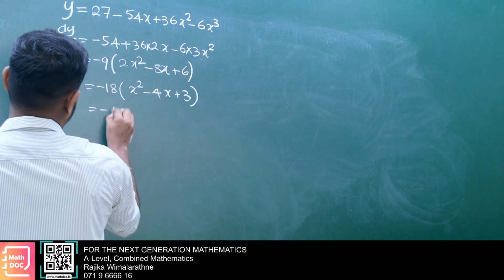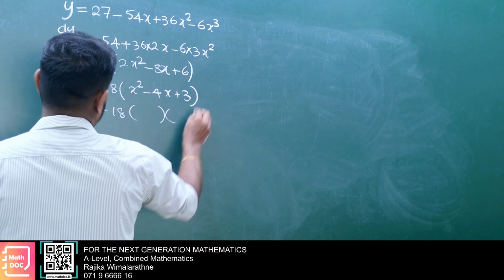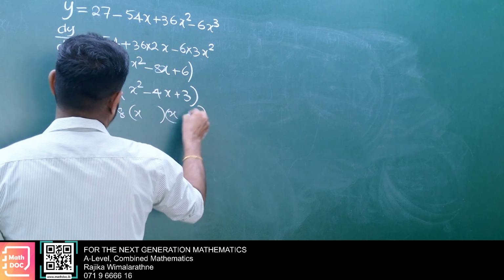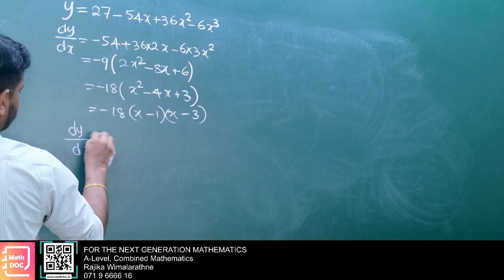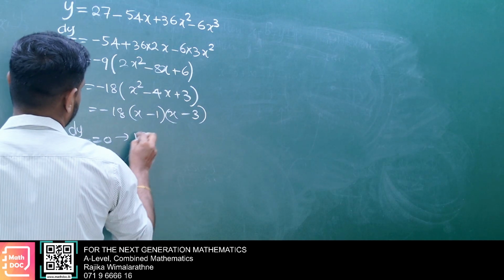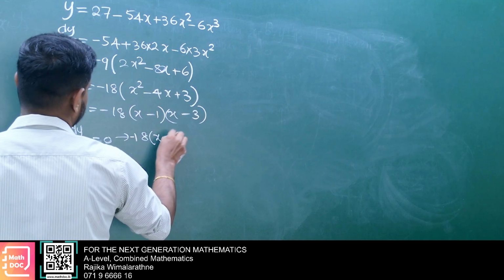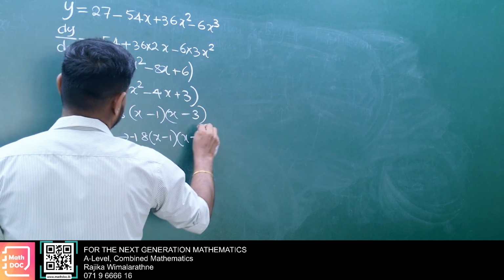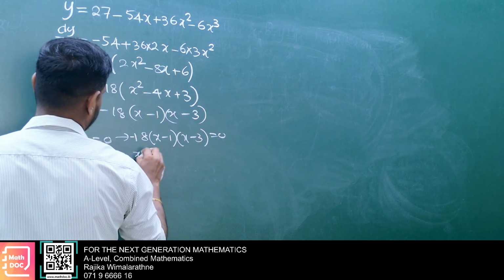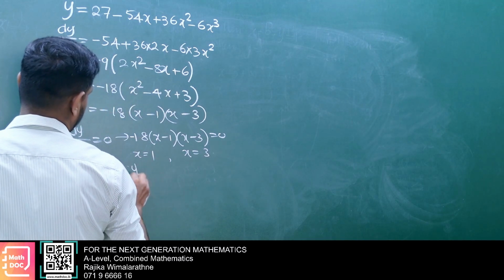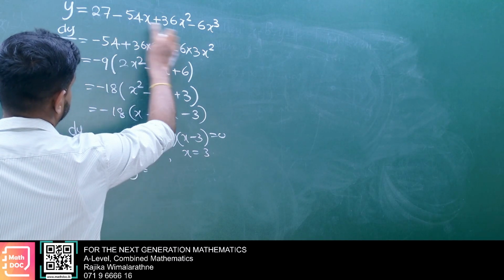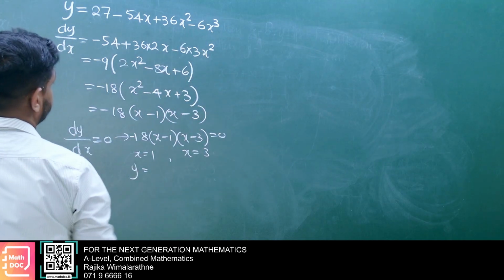Now factorize. The factors are x, 3, 1, minus, minus. Then the dy by dx equals 0 case: minus 18 times (x minus 1)(x minus 3) equals 0, so x equals 1 or x equals 3. For x equals 1, find the y value.